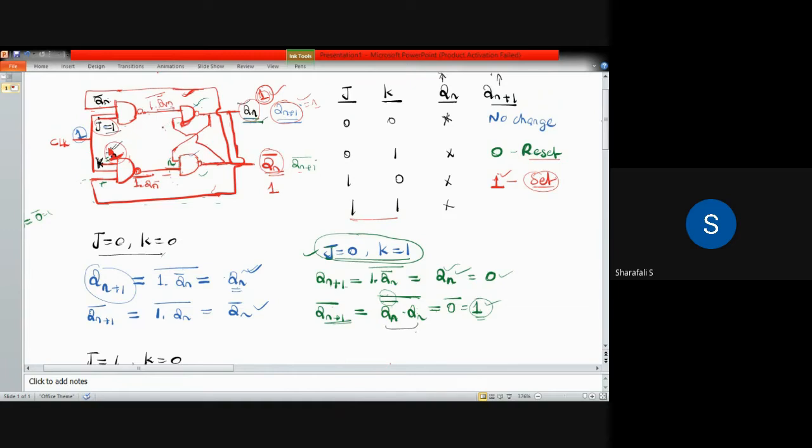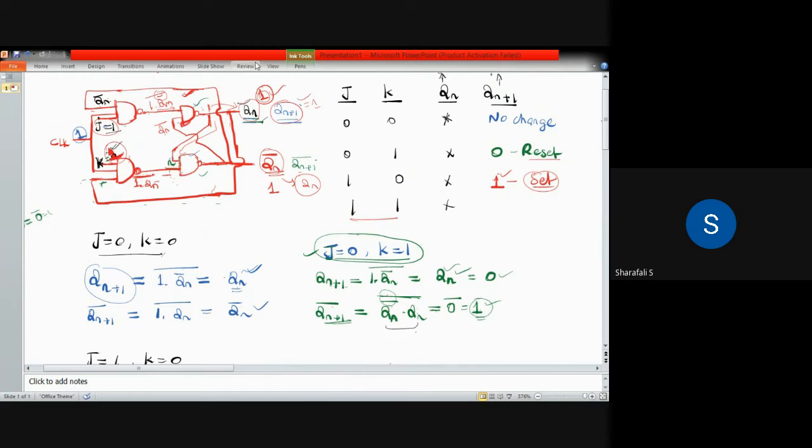Here we have Qn bar coming from this output. If you take the double complement here, it will become Qn. Qn dot Qn bar is going to become 0. 0 complement you will be getting at the output of this one. So you will be getting 1 as output for this. And if that one is taken to this AND gate, then 1 dot Qn bar will come. Here you will be getting Qn, which means that you are just toggling your state. You are changing your previous state to the next state.